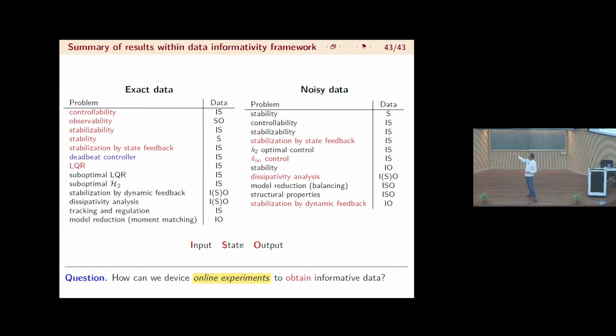If we want to attack this one, of course, we have to fix a problem first. I want to obtain informative data, but for what? Stabilization, H infinity control. For what? Now imagine we want to attack this problem. Where should we start?